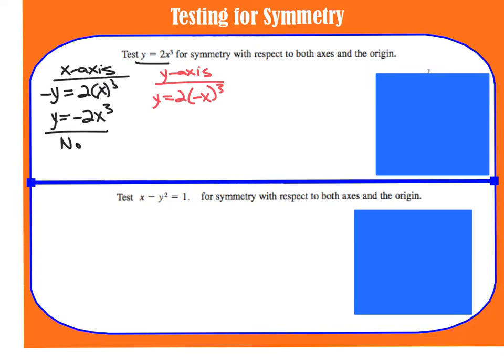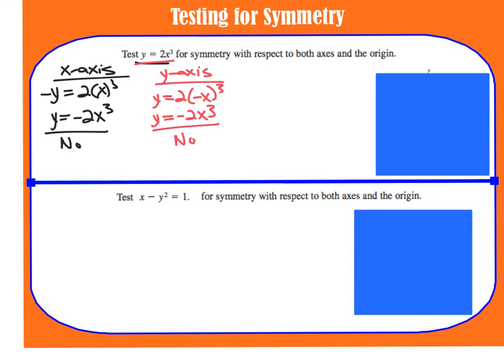It's negative, right? Negative 1 to an odd power is still negative. So this is the same thing as y equals negative 2x cubed. Is this the same as the original? No, it's not. So it doesn't have y-axis symmetry.